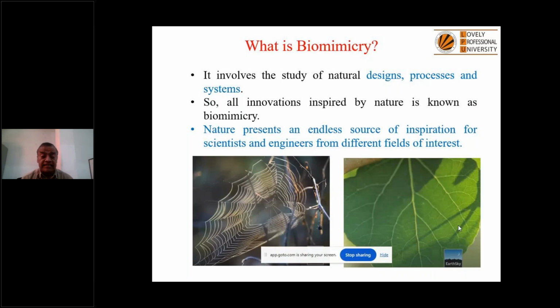So we can understand those distribution processes, how we can distribute evenly to every corner of the building proper light, proper air, proper water. So this shows us the ideas which we can adopt in our civil engineering constructions.